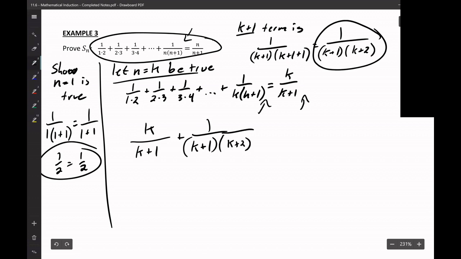This is the sum of my series for the kth term, and this is my k plus 1 term being added onto it. I want to show that this is equal to this expression here with k plus 1 plugged in. I want to show that if I would have just plugged in my k plus 1 value, it would be true.